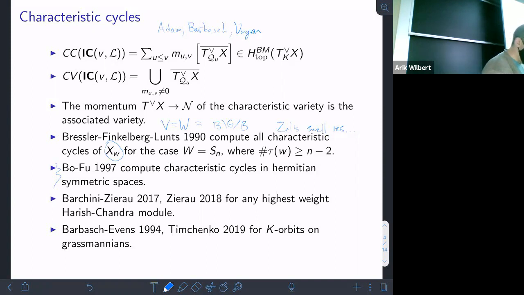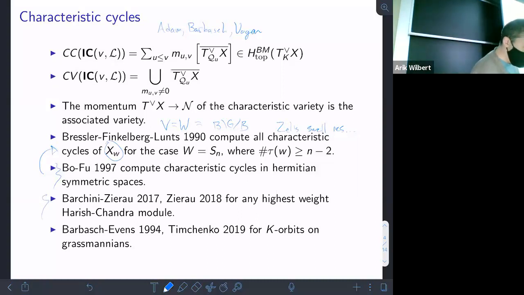That was a generalization of this result using different methods, and it generalized to types C and D. And now more recently, Barchini and Zierau have computed all characteristic cycles for any highest weight Harish-Chandra module.